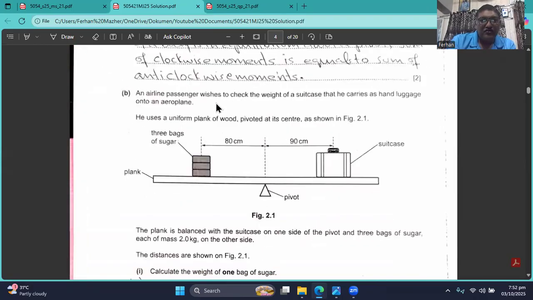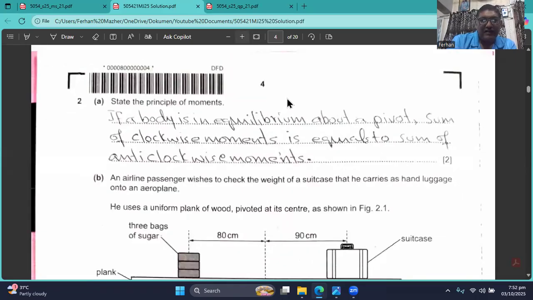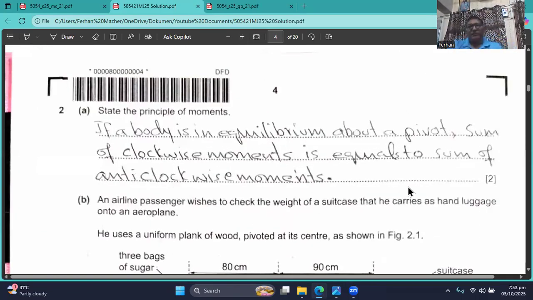Question number 2. I have written this statement, and you can check it from the book also. You can write this principle of moments statement from your book. If a body is in equilibrium about a pivot, the sum of the clockwise moments is equal to the sum of the anti-clockwise moments. This is the statement of the principle of moments.